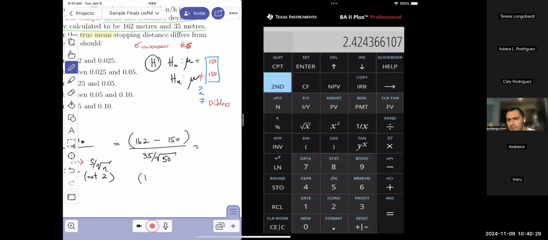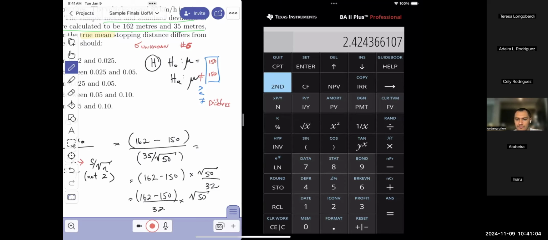So why did I do that? When you divide by a fraction, you multiply by the reciprocal. Or you can do it in two parts, one divided by the other. That's all the same thing.